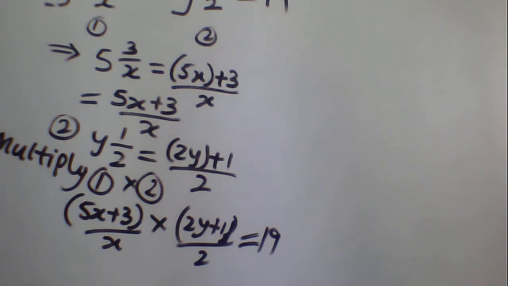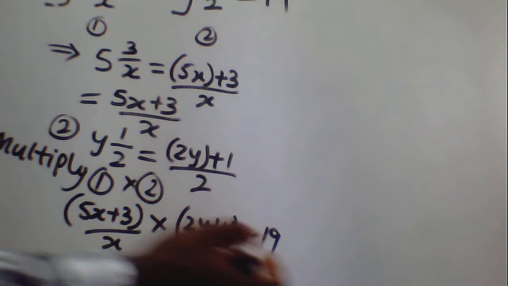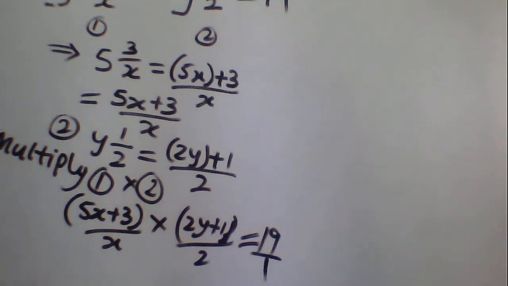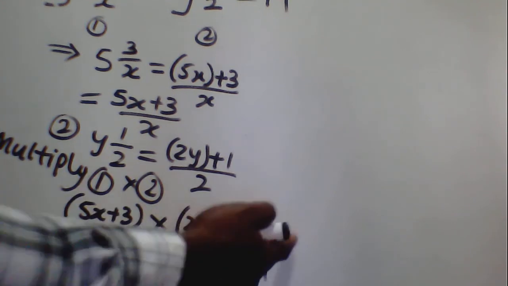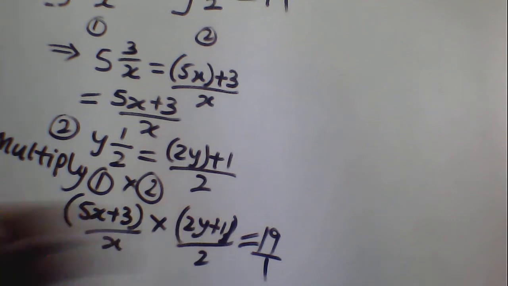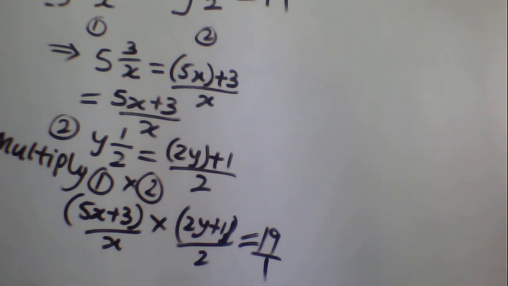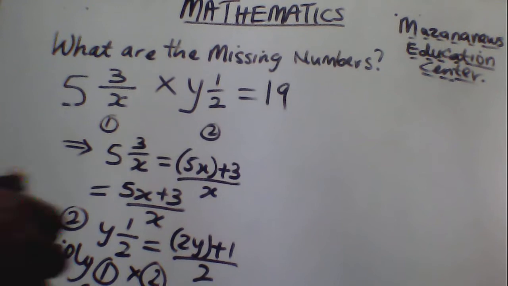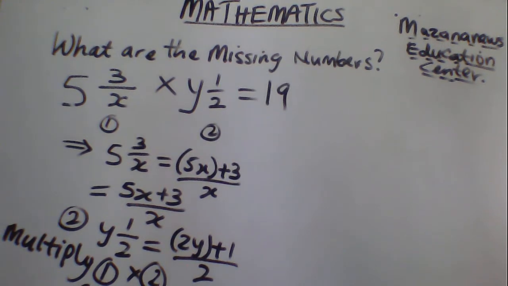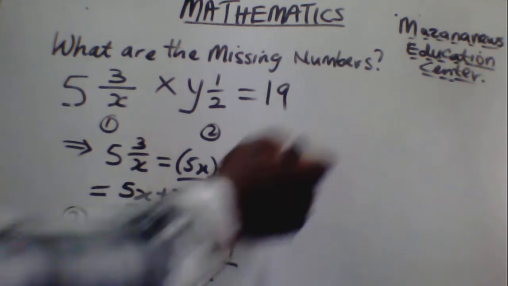At this point, we know that any number divided by 1 is also the number. With this knowledge, we now proceed to solve it, which means the numerator will be equal to the numerator and the denominator will be equal to the denominator.